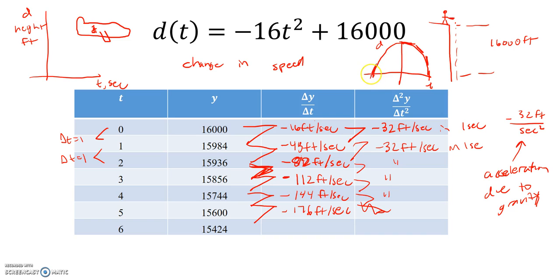The rate of change, what's happening to the rate of change over here? Well, first of all, it's positive, but then the rate of change gets smaller. So the change in the rate of change is negative there. Basically, we're adding negative 32 to that rate of change every second.